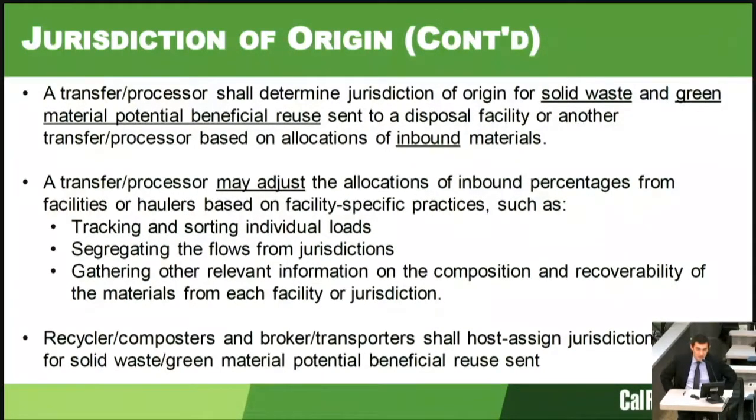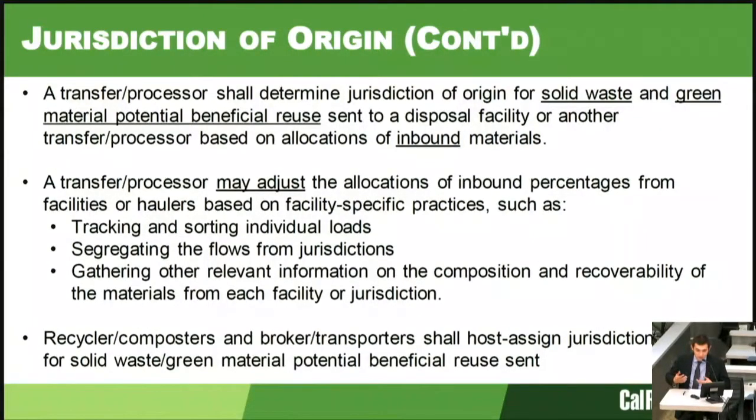So for instance, you had a dirty MRF and you accepted material from Hayward and Oakland, but you knew Hayward's material is dirtier. You can say, actually, at the end of the day, 65% was from Hayward and 35% was from Oakland.